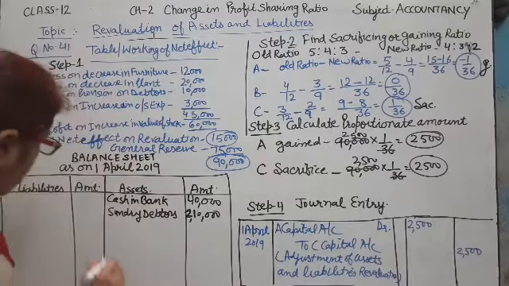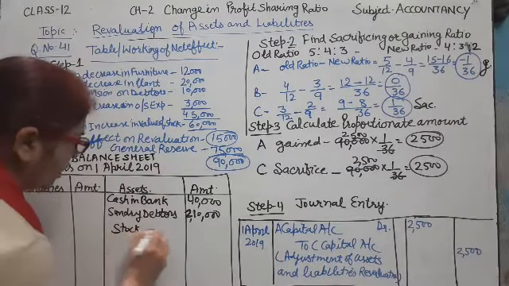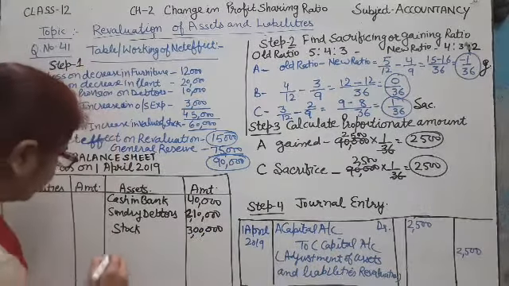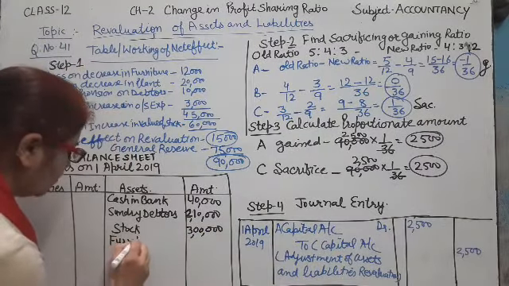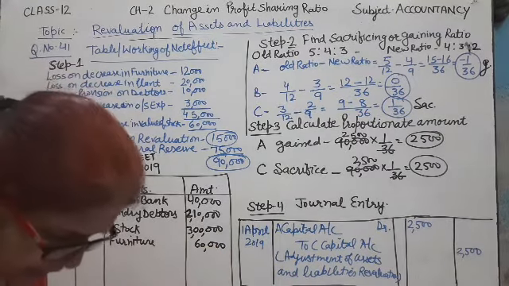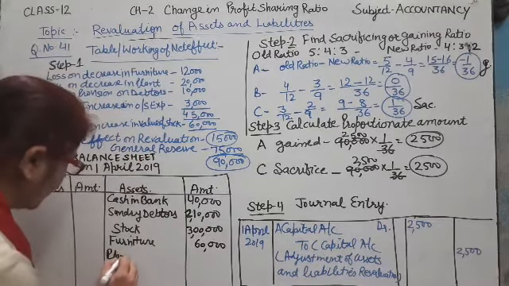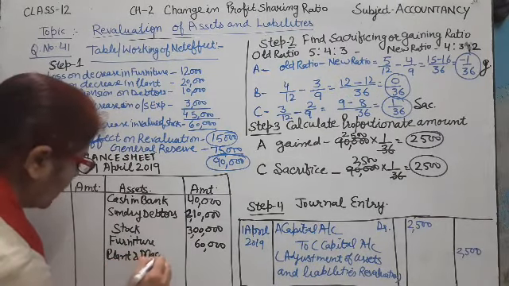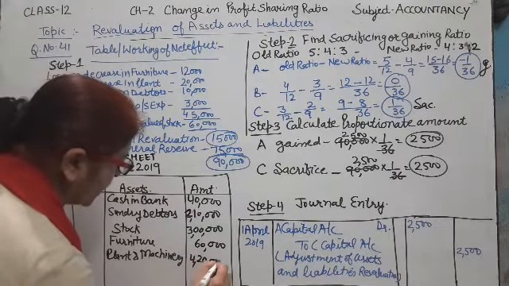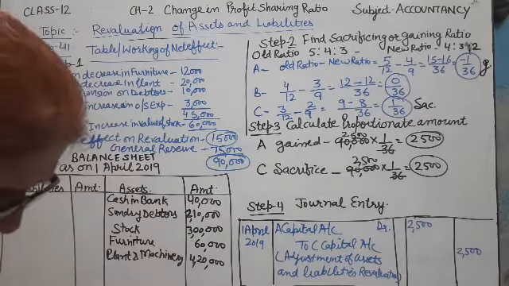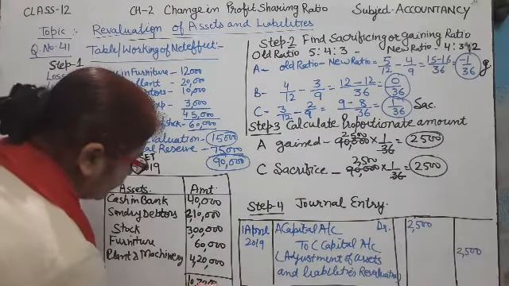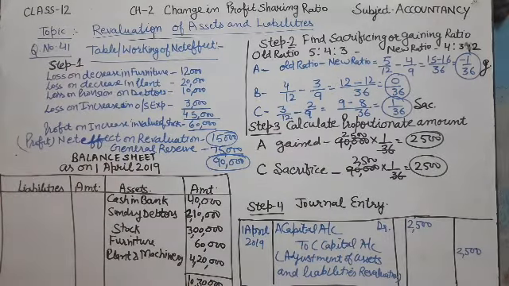Next is stock. Stock value is rupees 3 lakh. After that, furniture, same book value 60,000. And last asset is plant and machinery. Book value is 4,20,000. No change in the balance sheet assets amount. So total is same, 10,30,000.